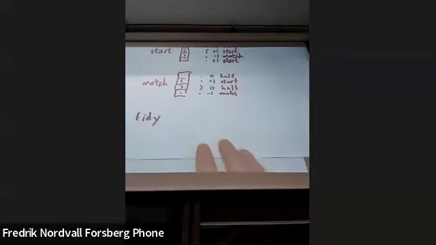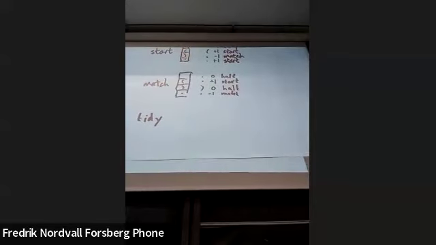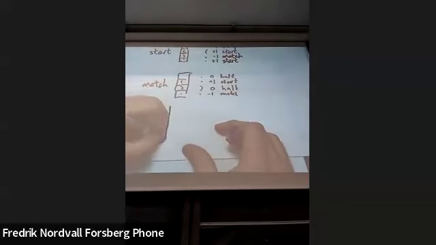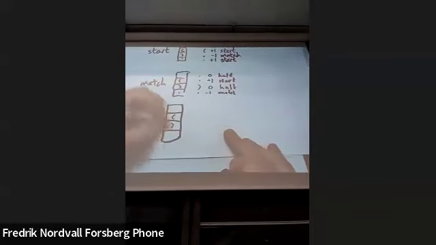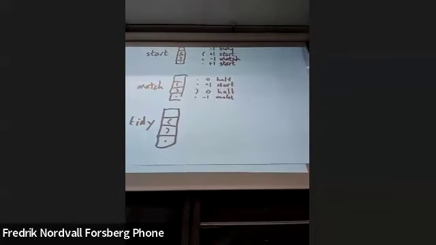So let's explain how to tidy. We have to say what to do in the tidy state for all four possibilities of symbol. And so first of all, if we see a dot, then that's good news.